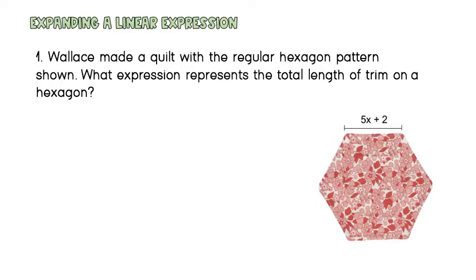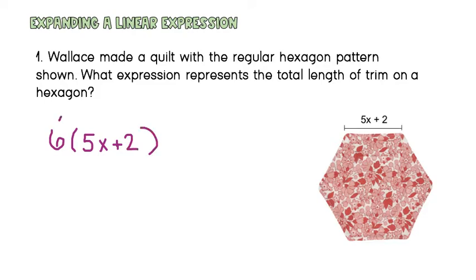How many times are we going to have to add 5x + 2? 1, 2, 3, 4, 5, 6. So we can just multiply 6 times 5x + 2, and it will give us the same results. It'll give us our perimeter.